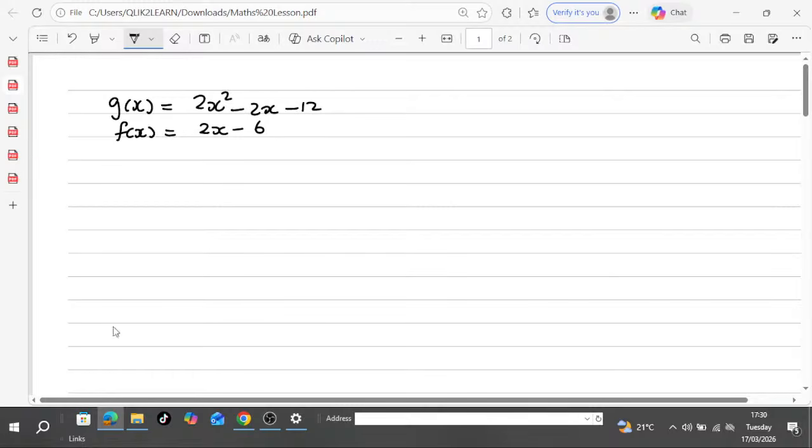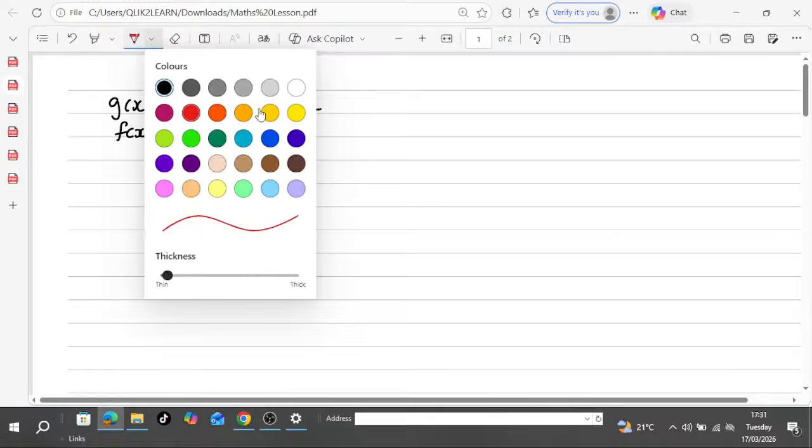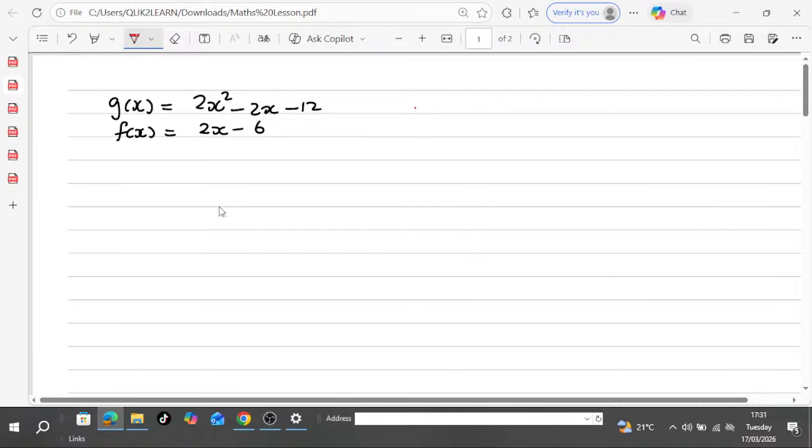Now we're not going to draw the graph yet. Let's start by answering the following questions. Let's say you are given the two graphs. Number one, for which values of x is f at x equal to g at x?